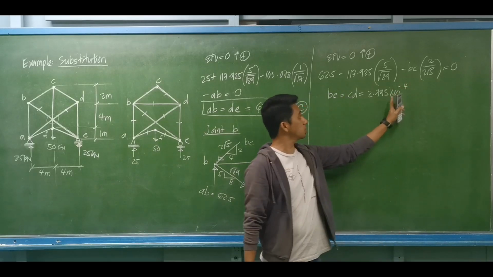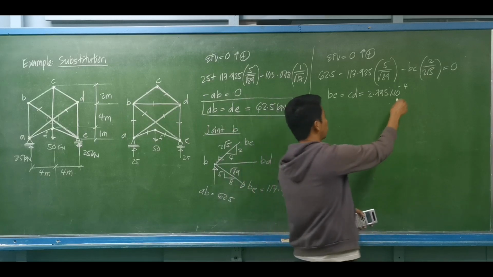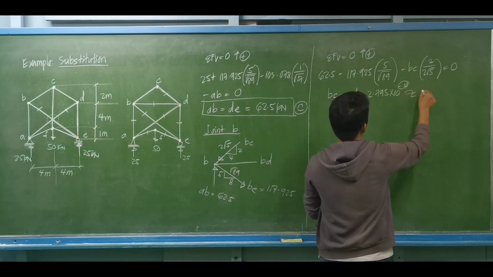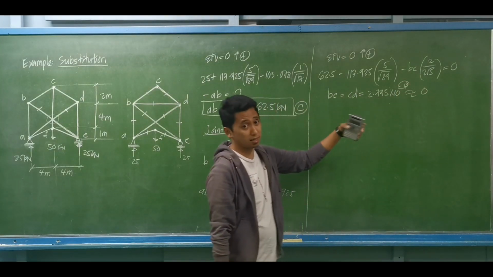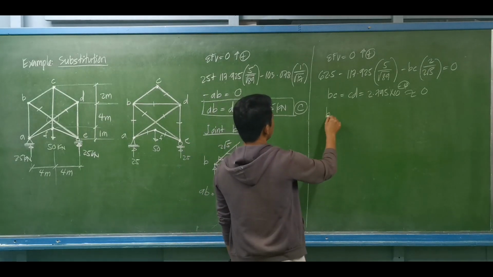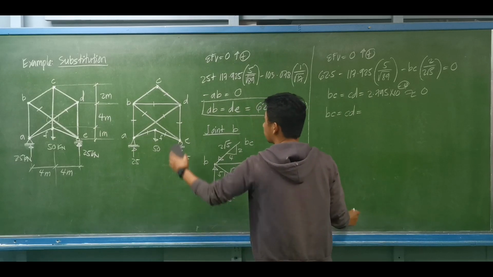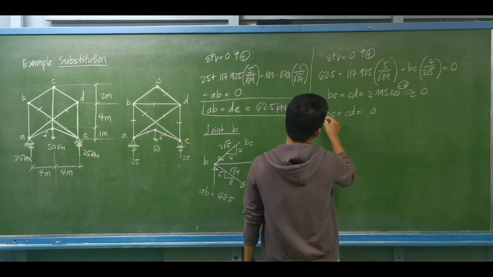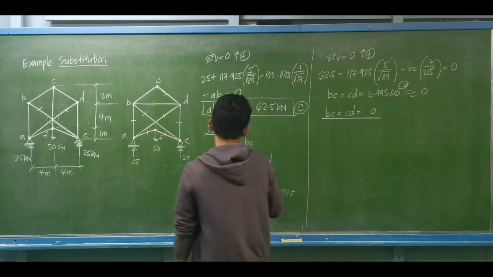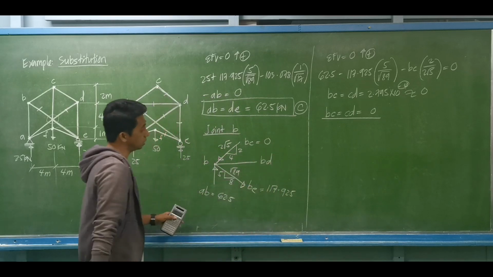As you can see, this is exponential to the negative 4. This is approximately equal to 0. It is very small. Therefore, BC and CD are zero force members. So there is no force here. This is 0.